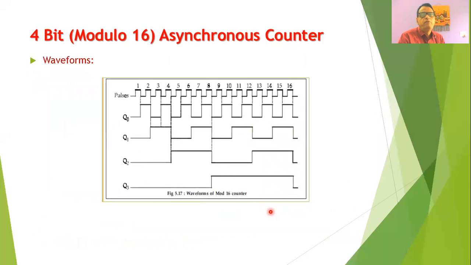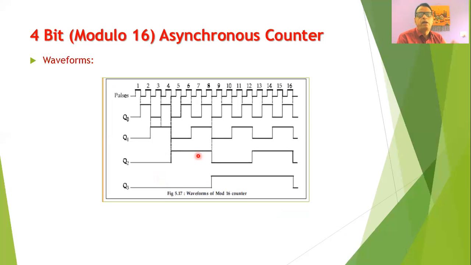Now we can draw the waveforms, and the waveforms are drawn as per the truth table of the counter. Initially all the outputs are 0, and when the first pulse is applied, output Q0 will toggle, and Q1, Q2, Q3 will remain the same, equal to 0. When the second clock pulse is applied, output Q0 will toggle to 0, and Q1 will toggle to 1, but Q2 and Q3 will remain the same.